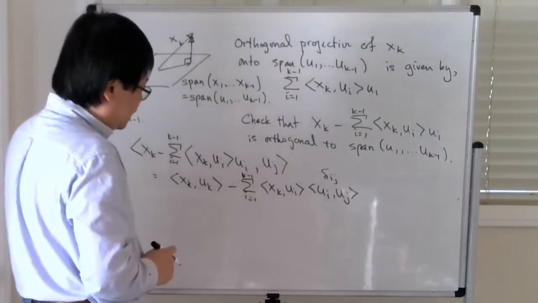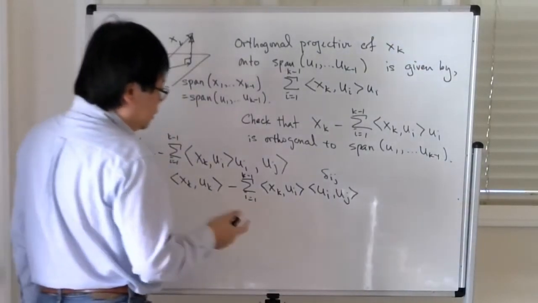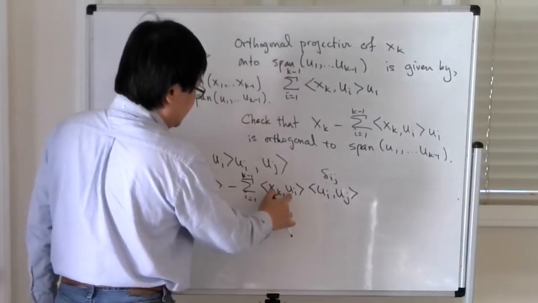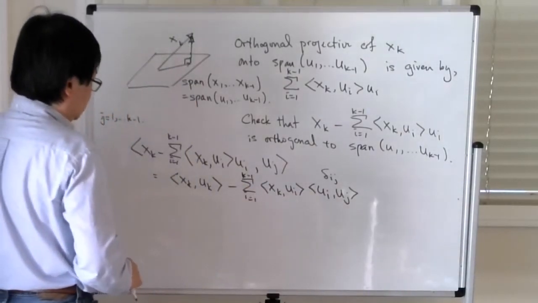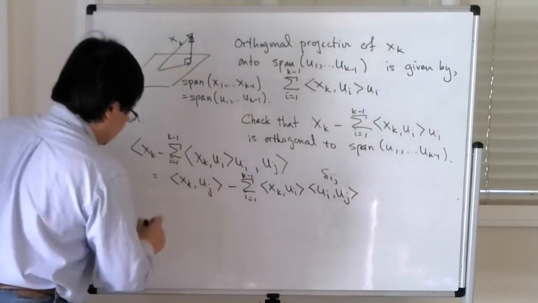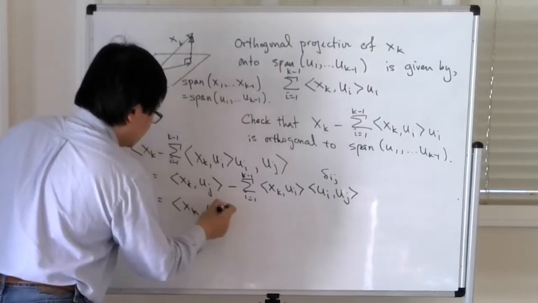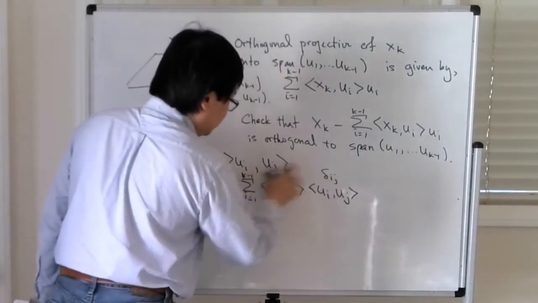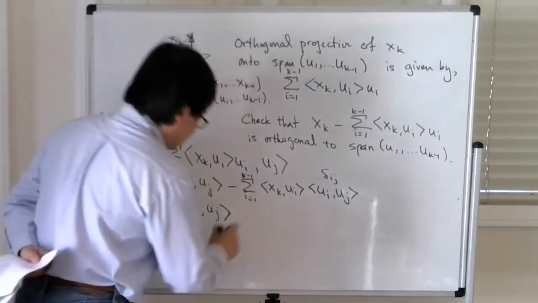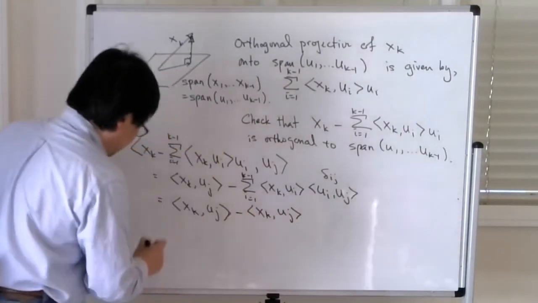It's only 1 if i is equal to j. So when you take this sum, the only non-zero term is the one involving xk inner producted with uj. You get xk inner product with uj from the first entry, and the only part left over from the sum is again the xk inner product with uj term, so minus xk inner product with uj. That obviously is 0.